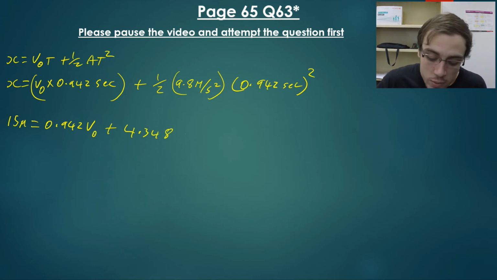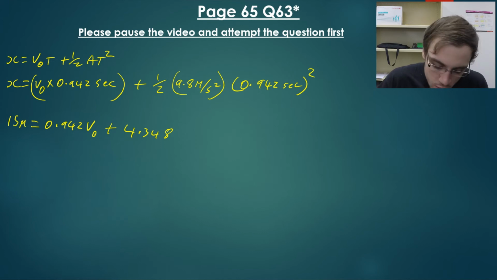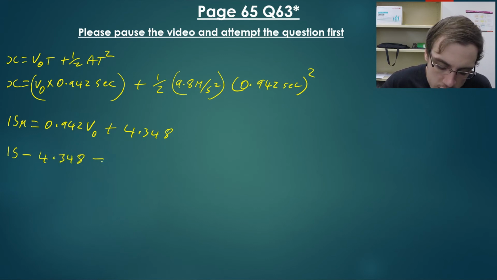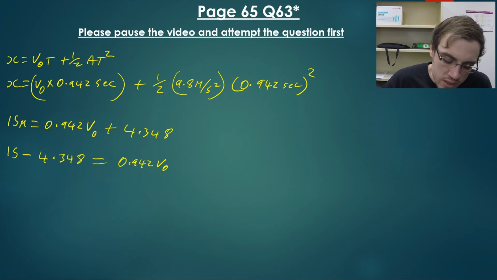Now we simplify it even further. We have our addition here, so I'm going to move this number over to this side. So we're going to have 15 minus 4.348 equal to 0.942 v0. Then we've got a multiplication, so that's going to turn into a divide.